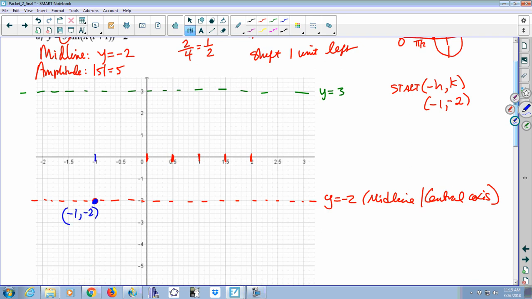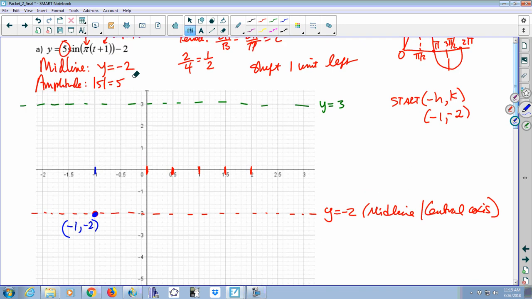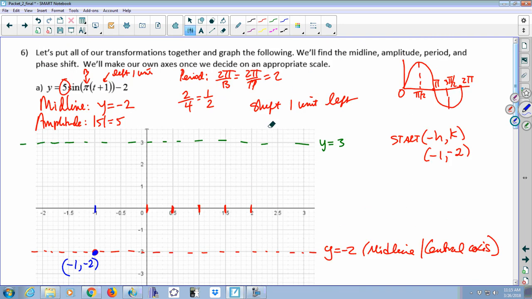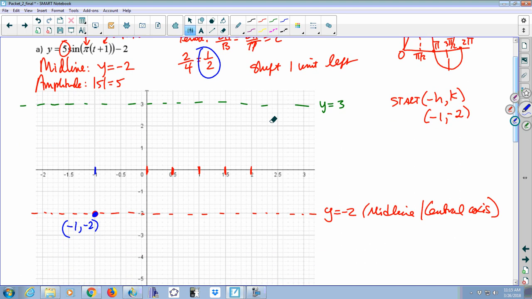Okay. So what did I say all my important points would be? In steps of 1/2 to the right, right? So I go to the right 1/2, I'm right here. And with my sine function, that's a quarter of my way through. I'm going to be at my maximum value right up here. I take another step and I come back to my midline.